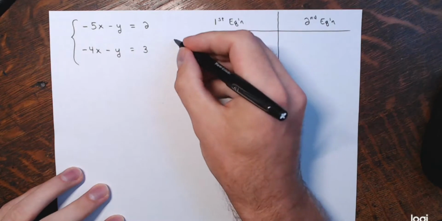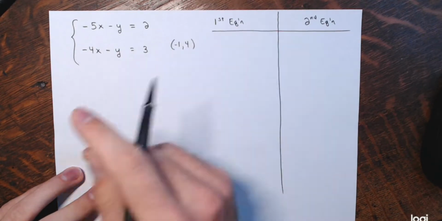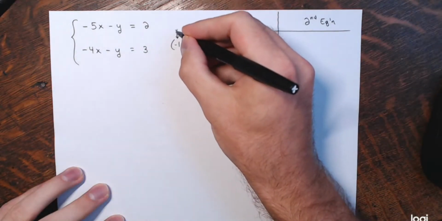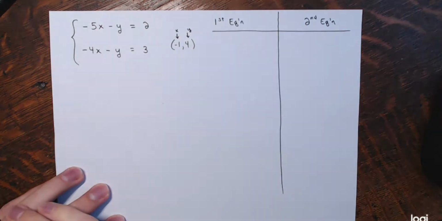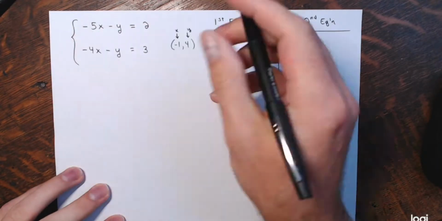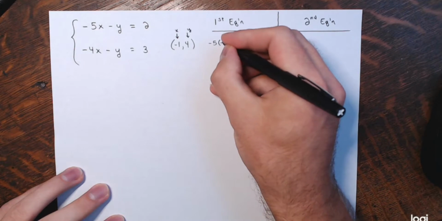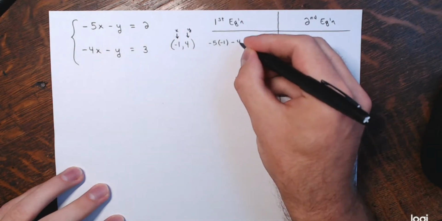And the first ordered pair we are given is negative 1, 4. And don't forget, negative 1 replaces the x. The second value, 4, replaces the y's. So in the first equation, we have negative 5 times x. So negative 5 times negative 1, minus y, so minus 4.